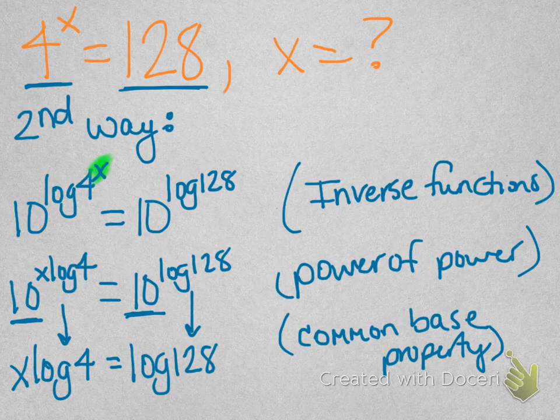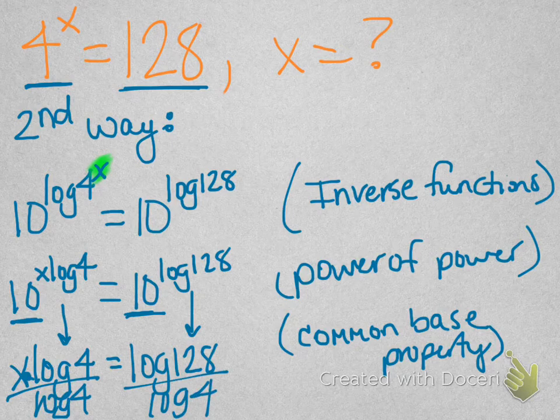Now, in order to get x by itself so that I can solve for it, I have x times log 4. So how would I undo that to get x by itself? Well, I would divide by log 4. So I'm going to do the same thing to the other side, divide by log 4.